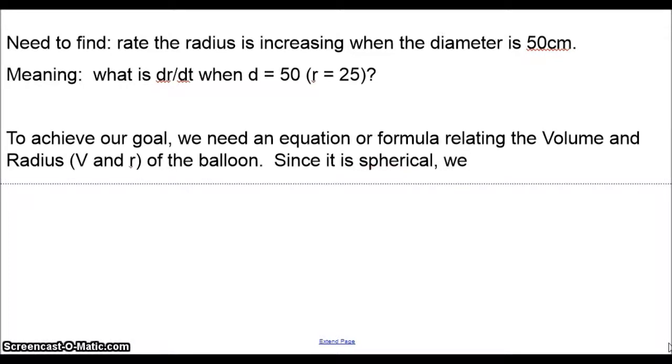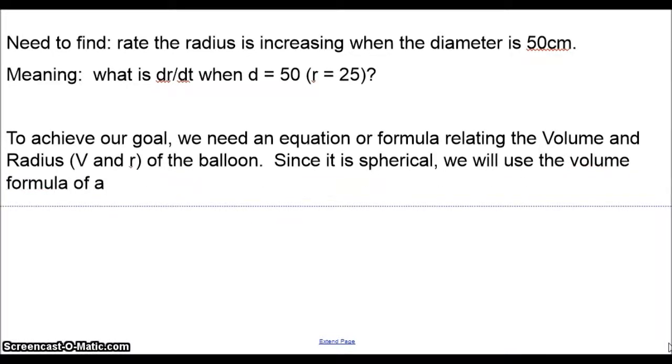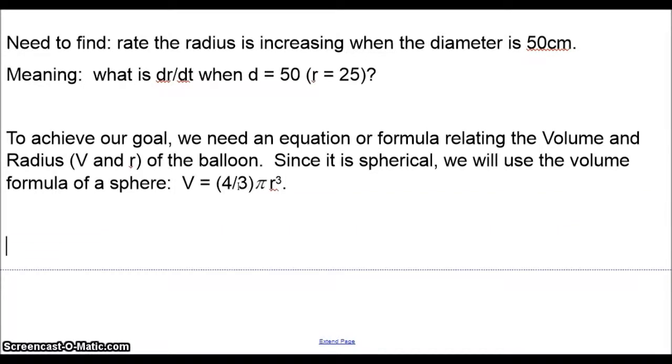Because we're dealing with a spherical balloon here, we're going to use the volume of a sphere formula, which you all know as V equals 4/3 pi r cubed.